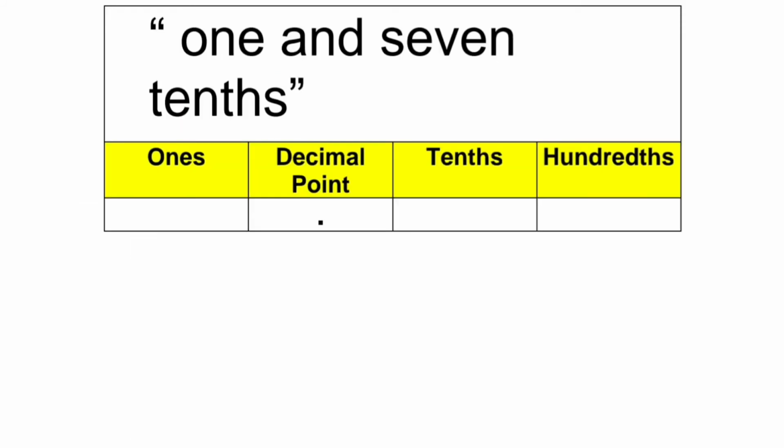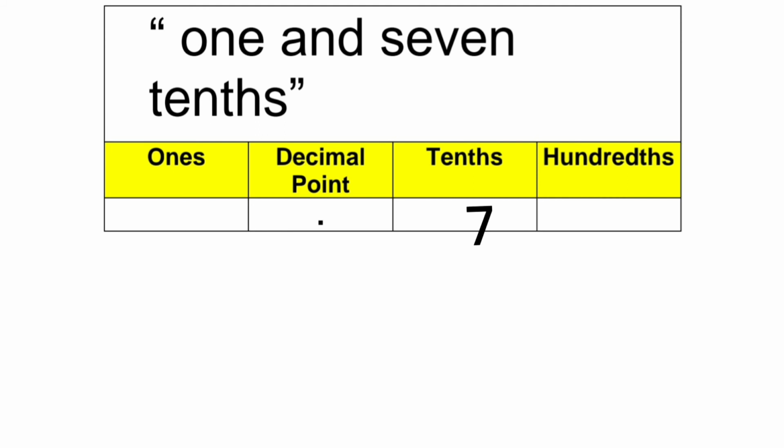So I have another example, and can everybody please read. Okay, 1 and 7 tenths. Same thing. We put 1 and 7 tenths on the place value chart. Where should we put 7 tenths? In the tenths. And how about 1?